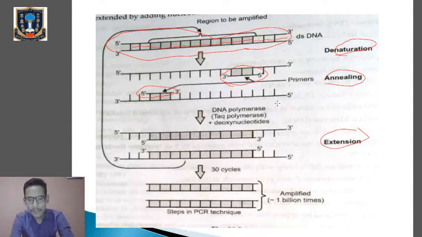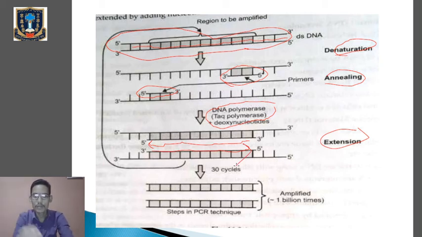Now, with the help of the enzyme DNA polymerase, mainly Taq polymerase, we get the continuous synthesis of new strands of DNA. The template was annealed over here. Now you can see that the new strand of DNA has been synthesized.